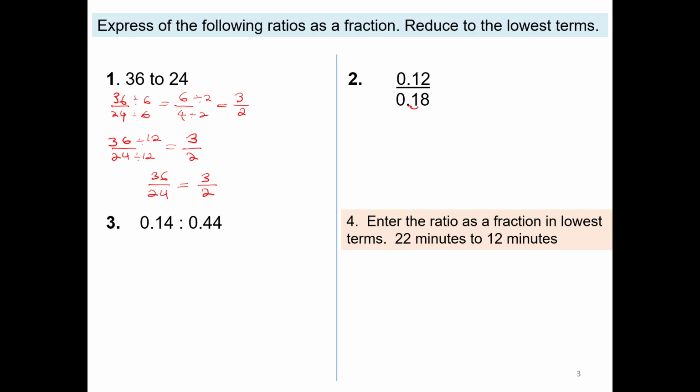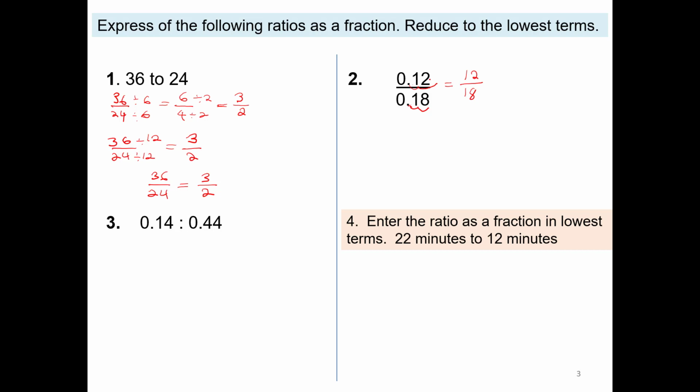We need to do the same in the numerator, or the dividend. If we move 2 places in the denominator, we need to move 2 places in the numerator. If we do that, it's 12 over 18. It's the same as if we multiply by 100 on top and bottom.